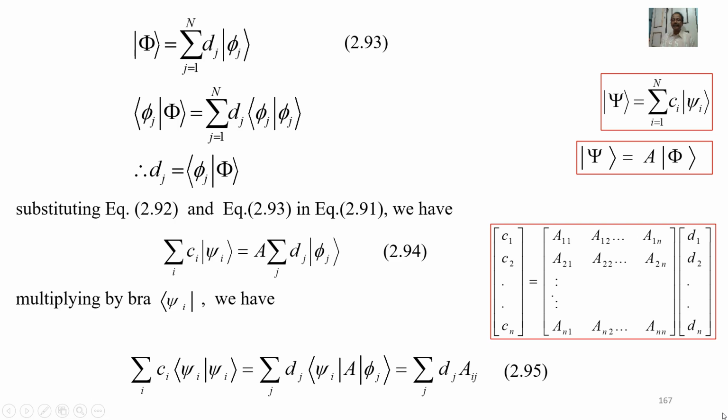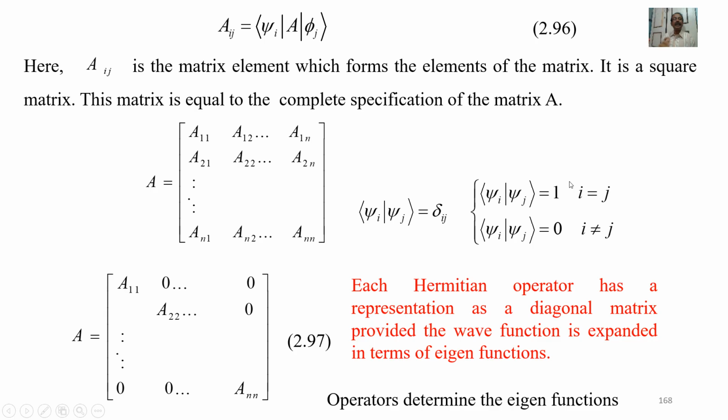Of course, Ci can be written as C1, C2, up to Cn, and dj can be written as D1, D2, up to Dn. So this is the matrix representation of any operator. Aij equals A sandwiched between bra psi i and ket phi j. Here Aij is the matrix element which forms the elements of the matrix. It is a square matrix.